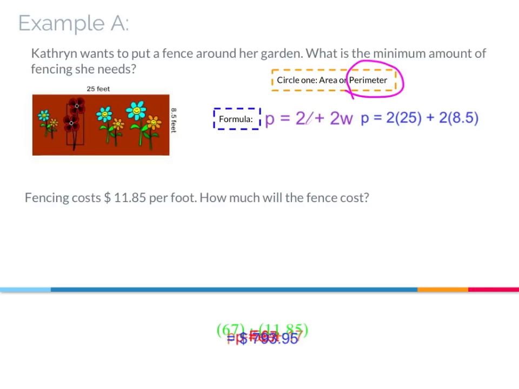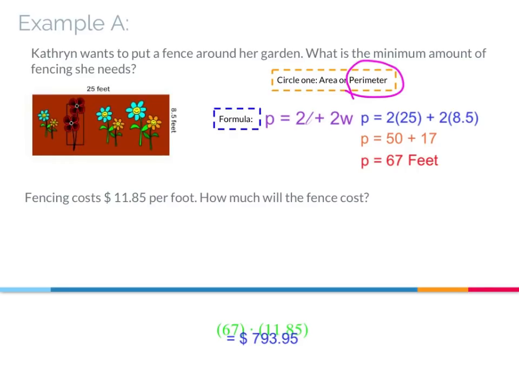Now I have to use order of operations to solve for P. Before I add, I have to multiply the 2 and the 25 together to get 50, and I have to multiply 2 and the 8.5 together to get 17. So far I have P is equal to 50 plus 17, and when I add those two together, I get P is equal to 67, and I need my unit, so it will be 67 feet.